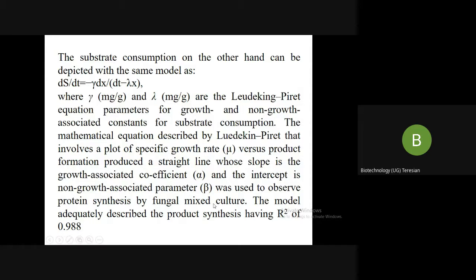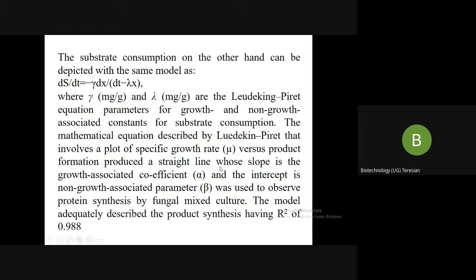So what this entire sentence means to tell is, by using this equation, the investigators tried to plot a graph, okay, which involves the specific growth rate, that is the mu, versus the product formation produced a straight line.